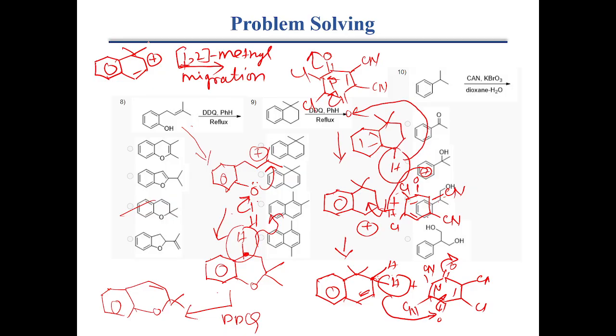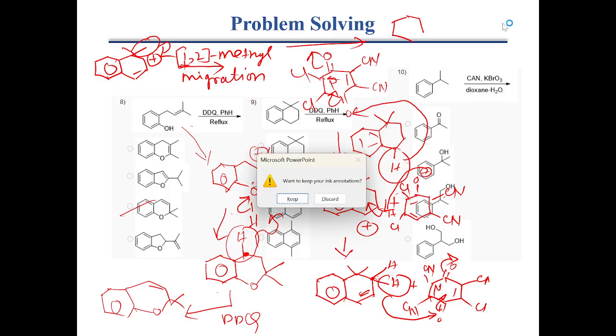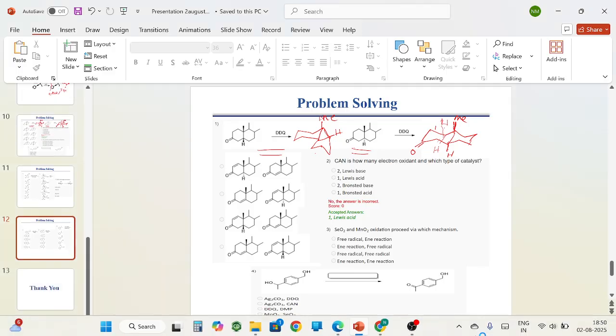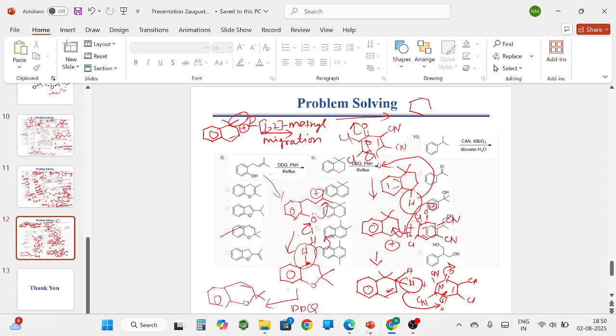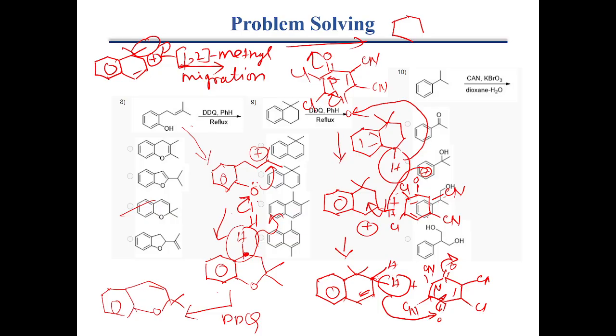This methyl group can migrate to this carbocation. So 1,2 methyl migration gives this one.